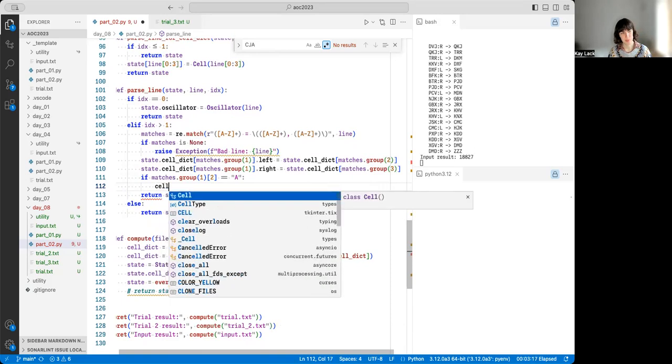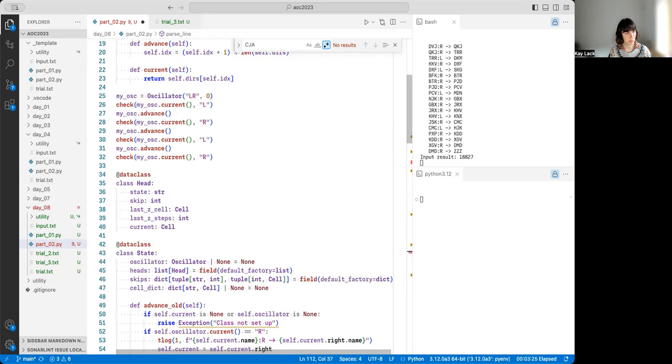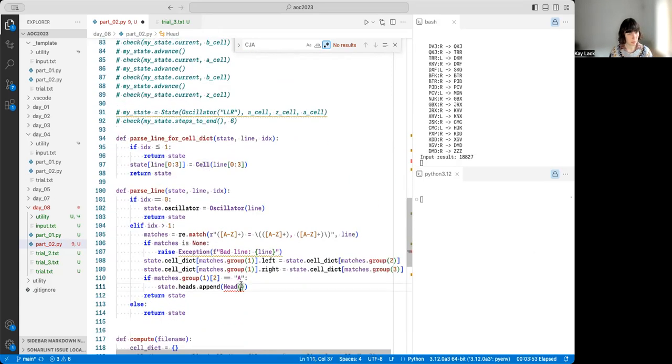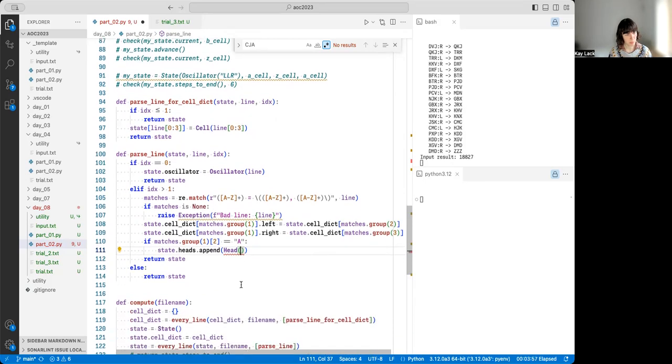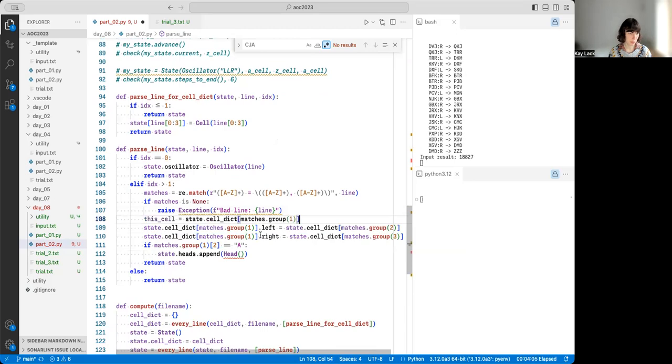Then we've got a new head. I actually need that at all. Okay, we've got our heads there.